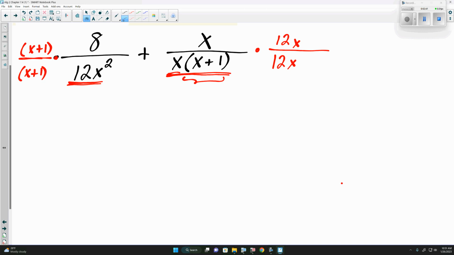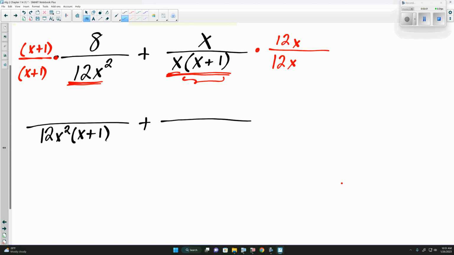And again, we can start off with multiplying the denominators first, just to make sure they are the exact same. So on the right, 12x squared times x plus 1 is just going to be 12x squared times x plus 1. We don't want to distribute that through. We don't want to do 12x squared times x and 12x squared times 1.